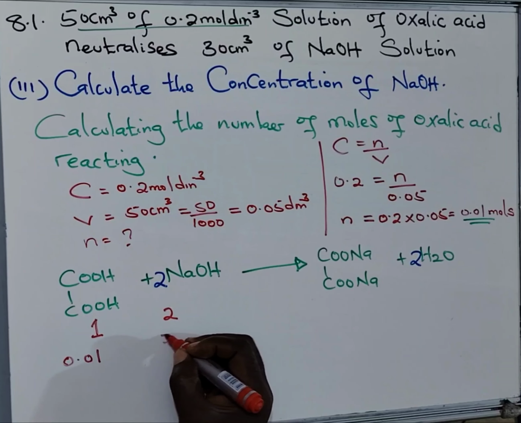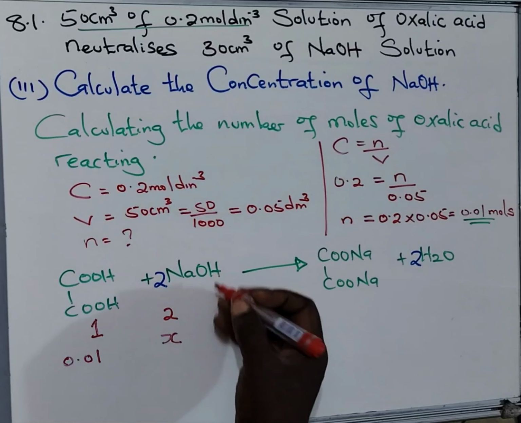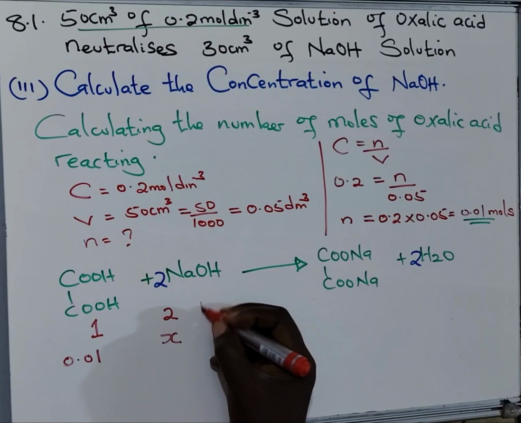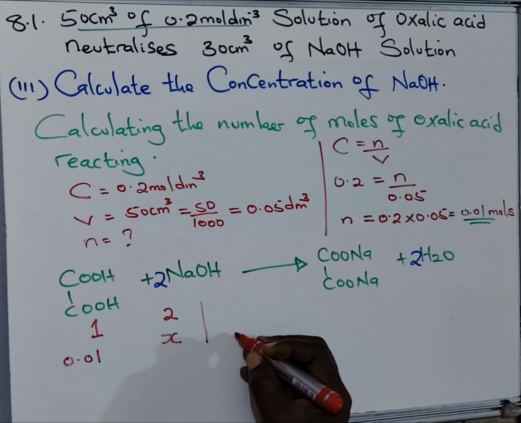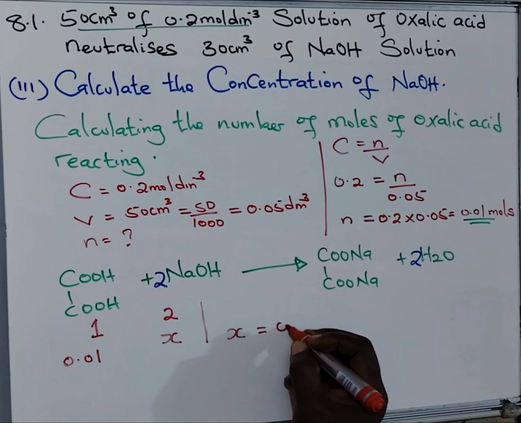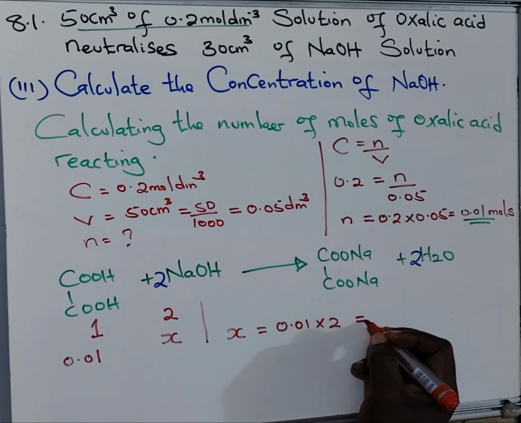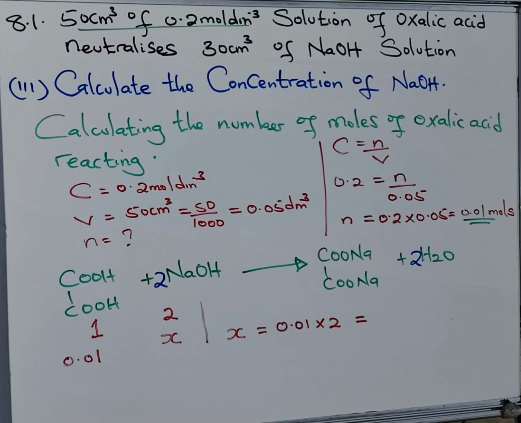Assuming our number of moles of sodium hydroxide is X, what do we do here? We cross multiply. We say X is equal to 0.01 times 2, giving you 0.02.